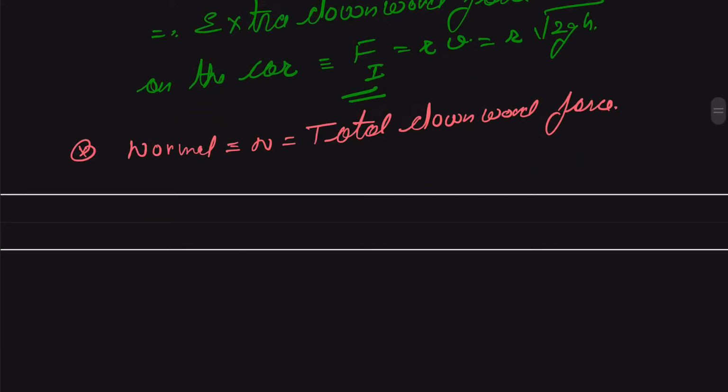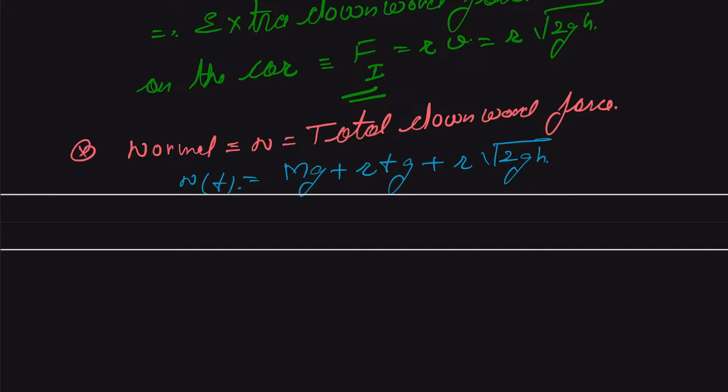Therefore, we get N is equal to the weight of the freight car, plus the weight because of the grain that has accumulated inside the freight car, and finally this extra downward force because of the impact, which gives us R square root of 2gh. So this is our normal force at any time t. So we can just introduce time t here. So this is our time dependent function.